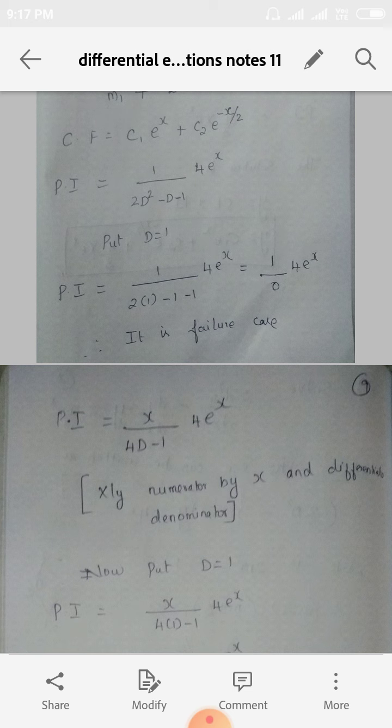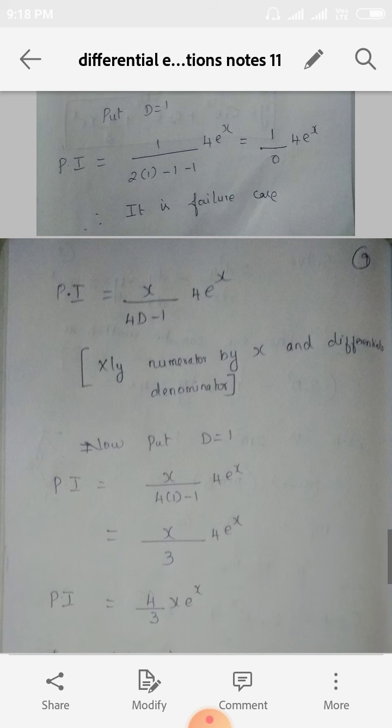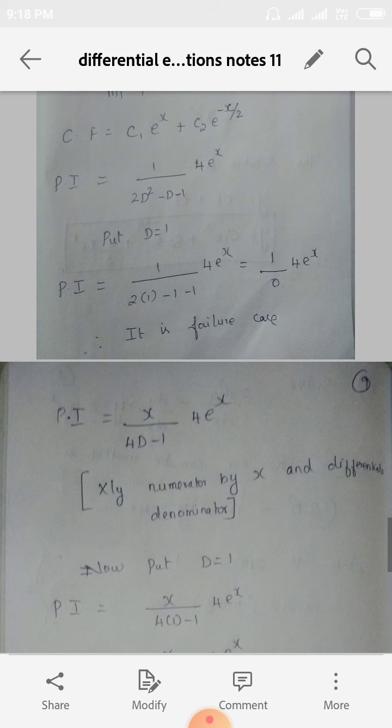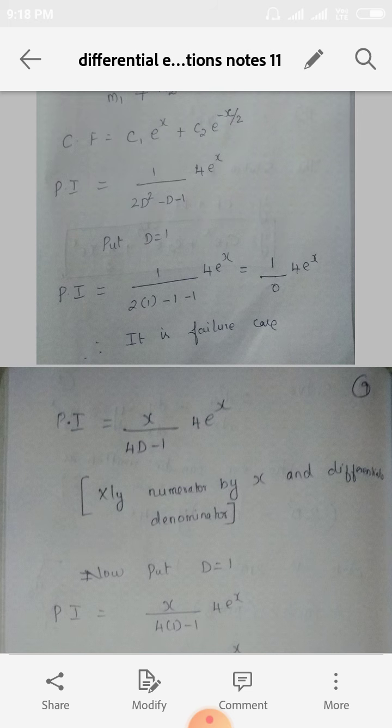So 1 by 0 means it is the failure case. Failure case means next we have to find the particular integral by, see what? We have to multiply the numerator by x. So put x in the numerator, divided by the derivative of the denominator. What is the denominator? Denominator is 2D square minus D minus 1. So differentiate the denominator, we get 4D minus 1.